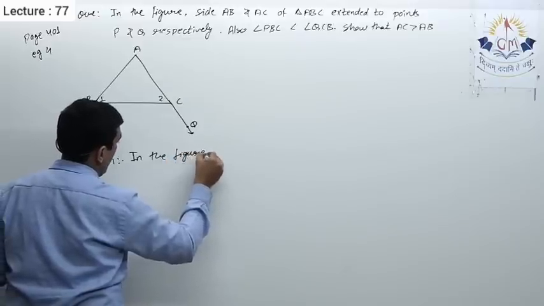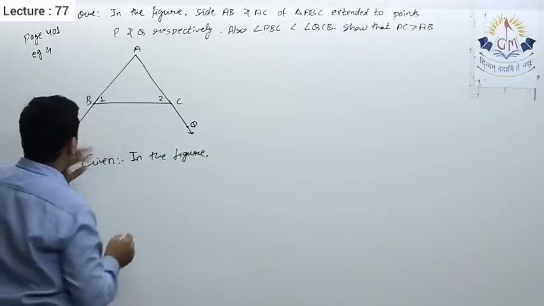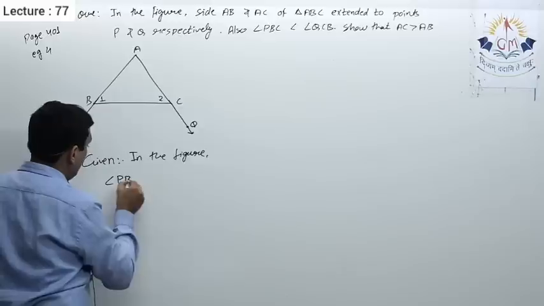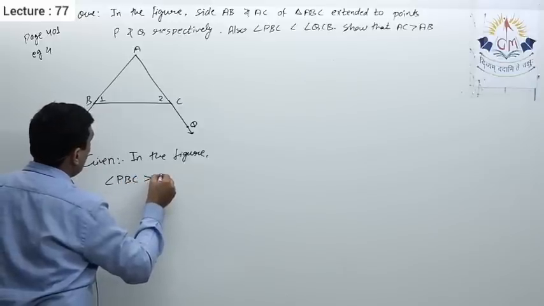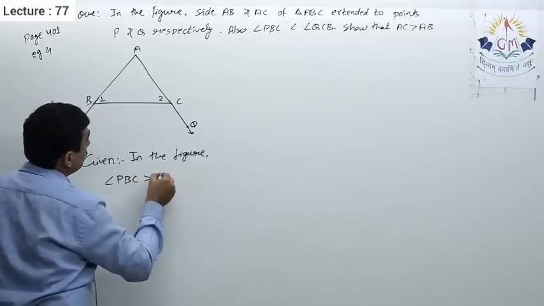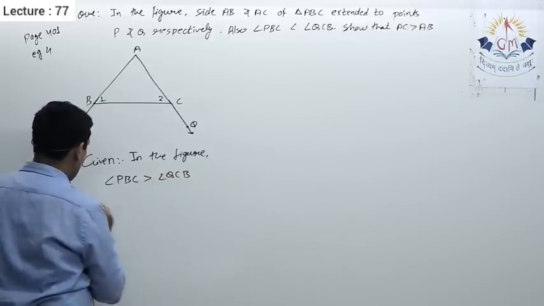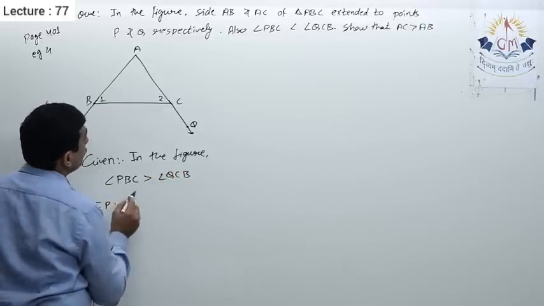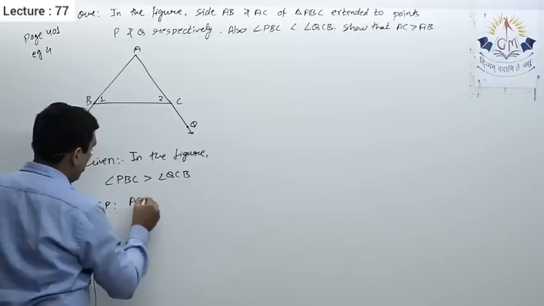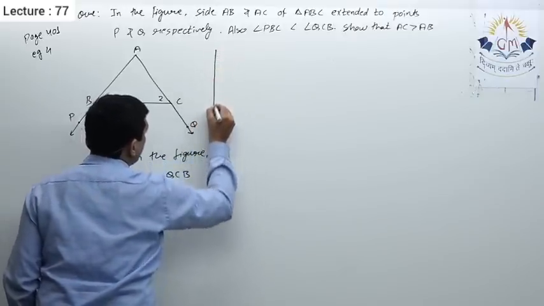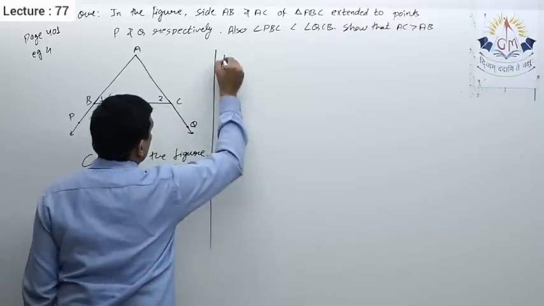I have to prove AC is greater than AB. What is given in the figure: angle PBC is less than angle QCB. To prove: AC is greater than AB. So let us see its proof.